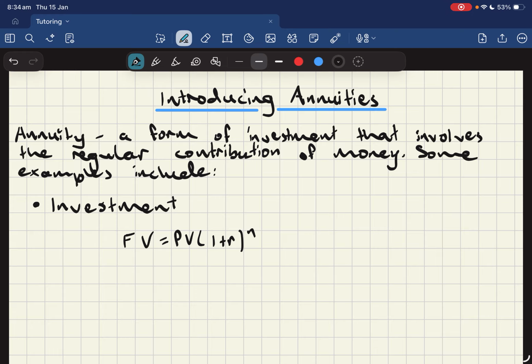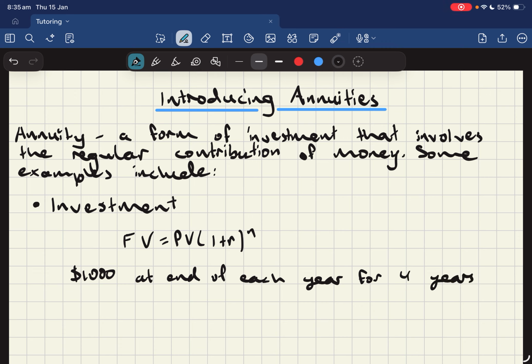Now, let's say you wanted to invest $1,000 into an account at the end of each year, for 4 years.